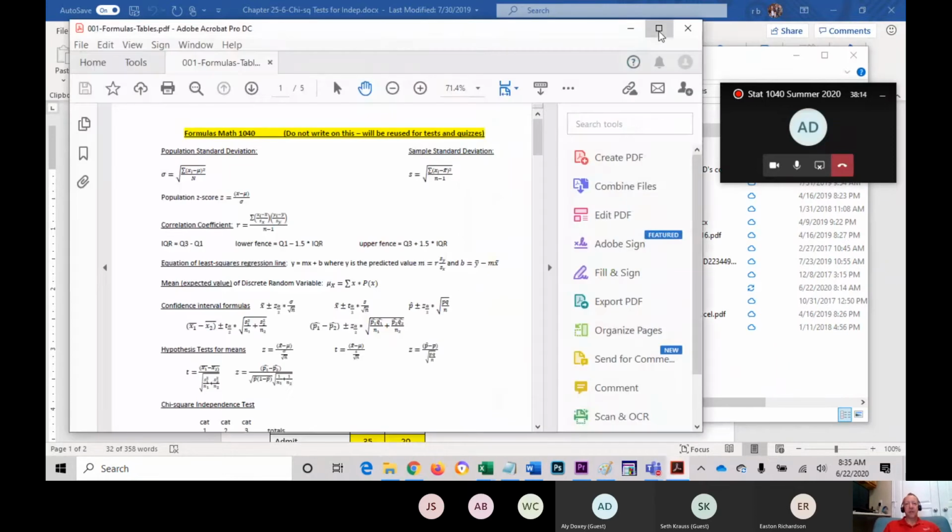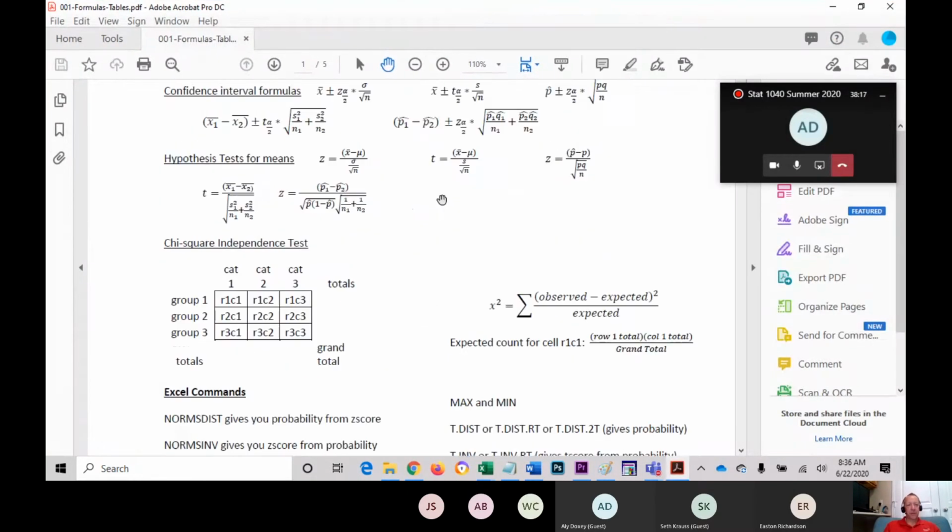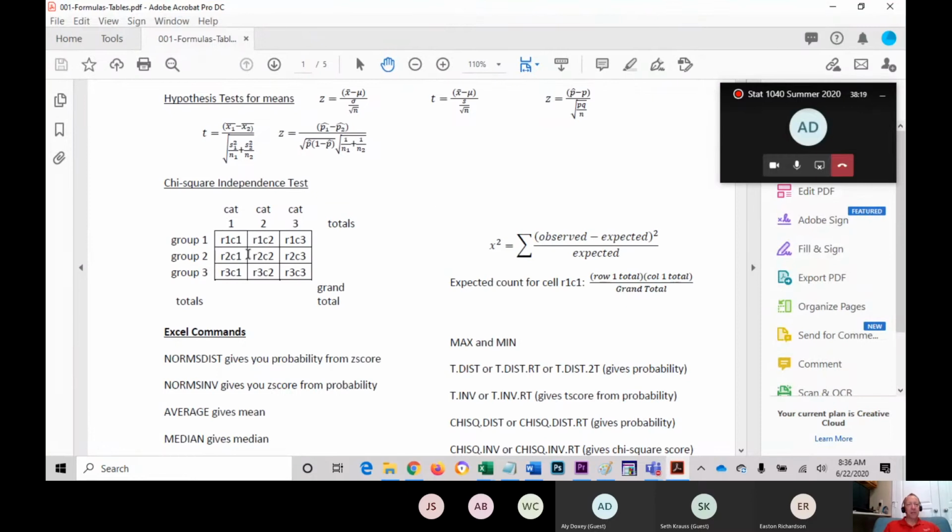Okay, there's actually 2 sets of formulas that you're going to need to know for this test, okay? Now, I'm glad I brought this up. As we're looking at this, I've given an example of a 3x3 table on the formula sheet. So this is going to be row 1, column 1, row 1, column 2, row 1, column 3, row 2, column 1, row 2, column 2, row 2, column 3, row 3, column 1, row 3, column 2, and row 3, column 3. These are the 2 formulas that you're going to need.